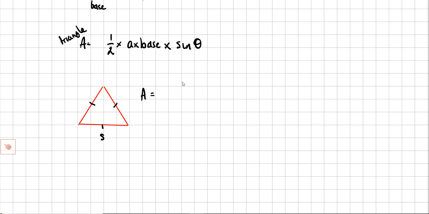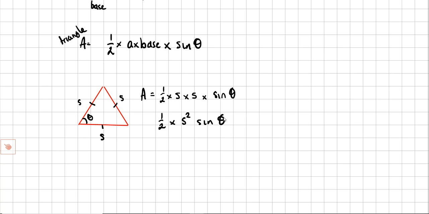Let's get there. So it's S, S, and S. So we've got this angle here, yeah? So it would be 1/2 multiplied by S multiplied by S multiplied by sine theta again, yeah? But the S is, don't go too fast. That's S squared, yeah? And then we've got sine theta.